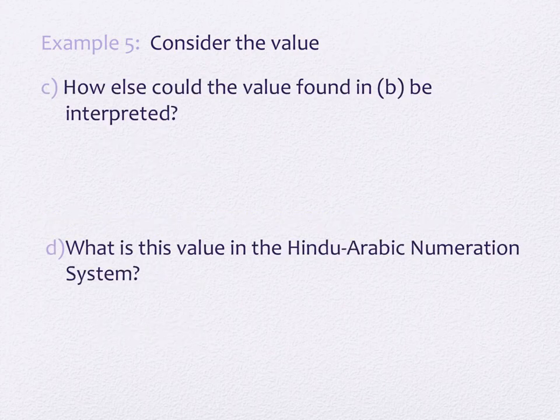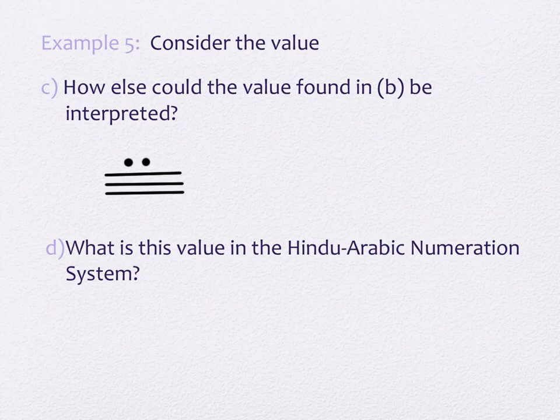So what we're going to do next is take the values that we have found. In particular, we're doing the value we found in part B and interpreting it the way it could have been interpreted if we didn't know for sure about that spacing issue. So we're going to take a value that has 3 lines, and I think it had 2 dots. Is that right? Okay. So if we interpret this incorrectly, how else could this be interpreted?